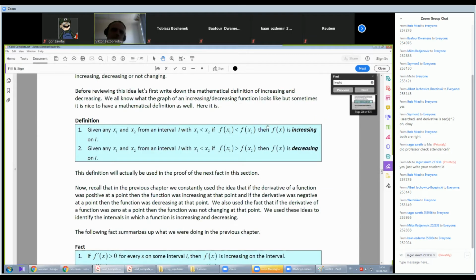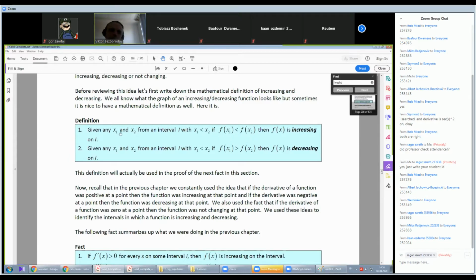So this is the definition of increasing and decreasing function. This is pretty self-explanatory, right? If you take any two values in an interval, and the second value is greater than the first value, then the function at the second value is greater than the function at x1, right?